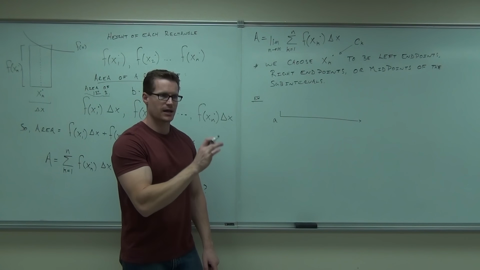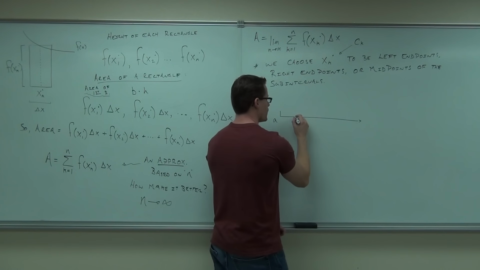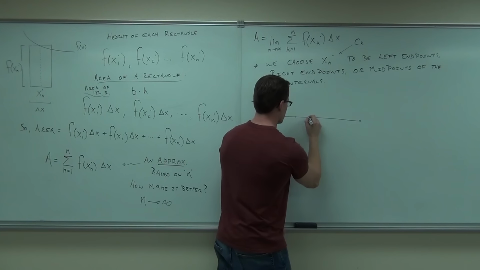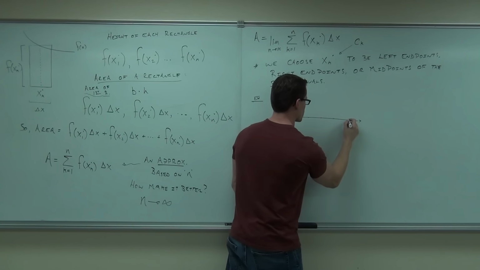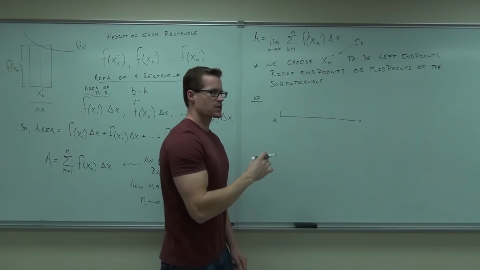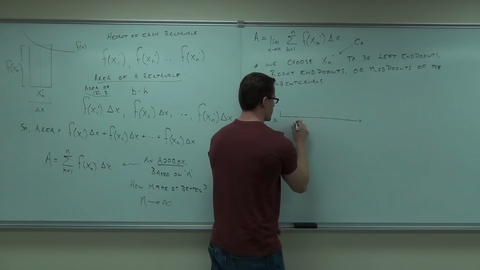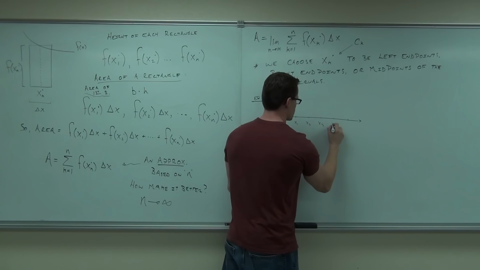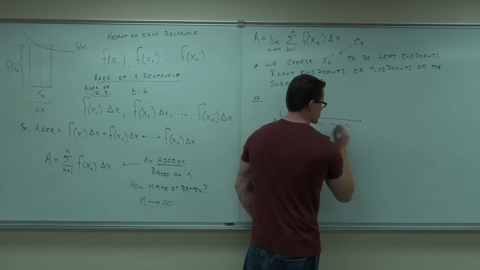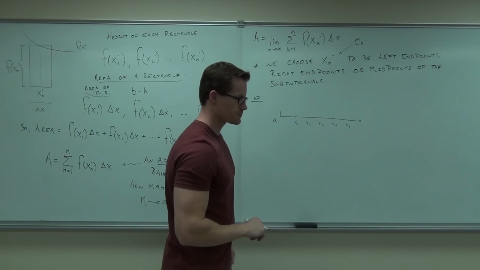Wherever our delta x is, that's where we're making our cuts. So we'd make a cut here, and a cut here, and they're all equal. And a cut here, and a cut here. And those cuts would be x sub 1, and x sub 2, and x sub 3, and x sub 4, and x sub 5, and so on.